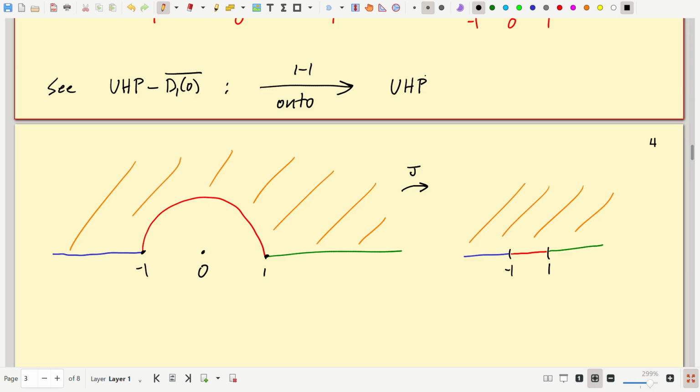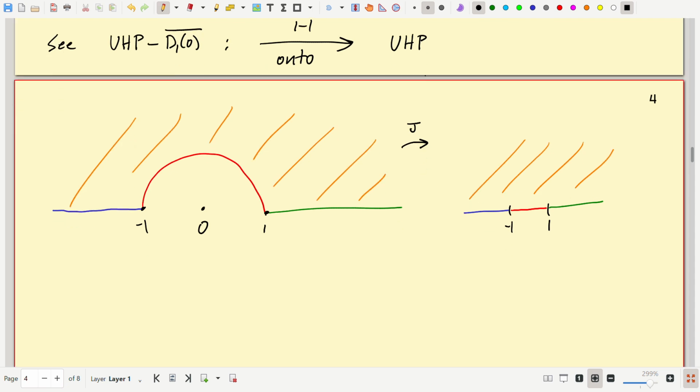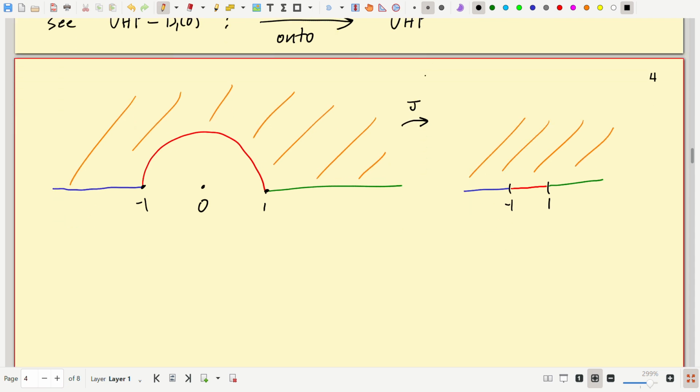I guess I should draw the full picture. The full picture would be if I also put in here the bottom half. The bottom side of it would get squished to that same line.